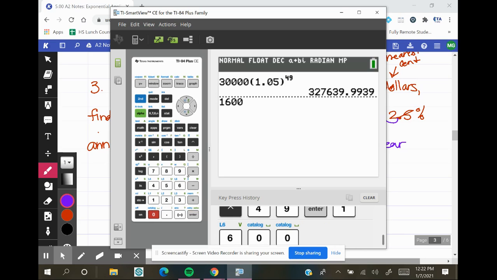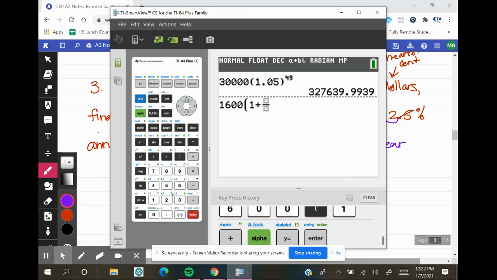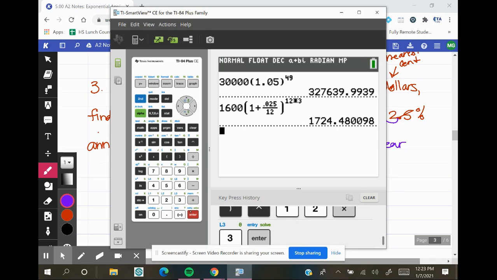So 1,600 times, open parenthesis, 1 plus 0.025 over 12, close that parenthesis, raised to the 12 times 3. If you want to do it out yourself, you can, but make sure you do that first to get your 36, because otherwise students make mistakes.